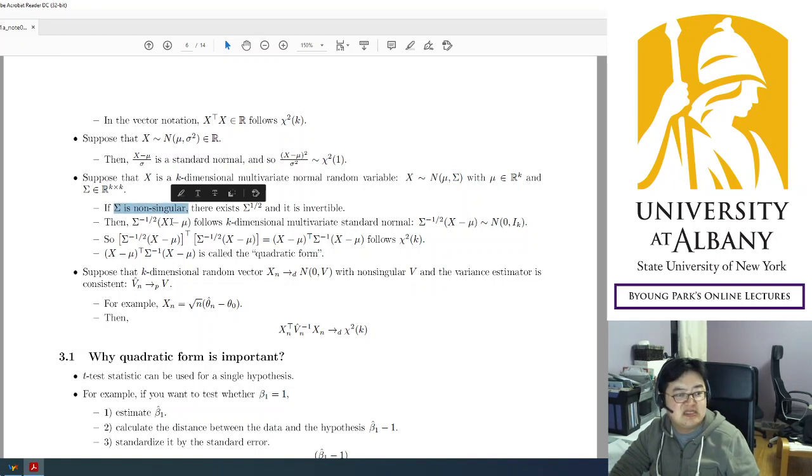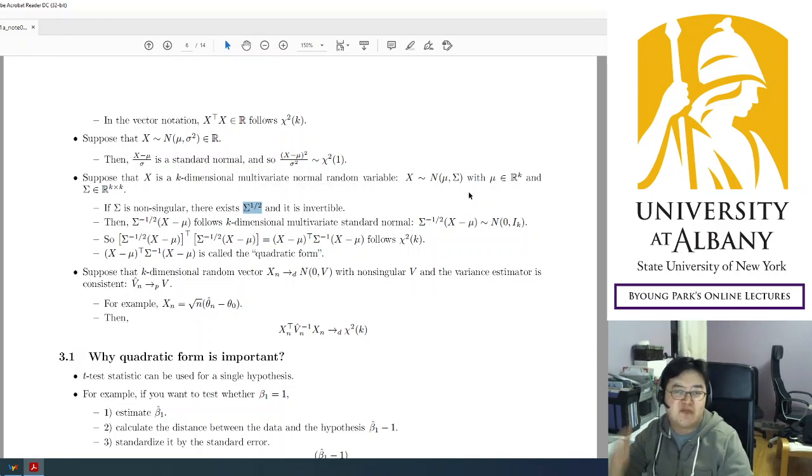So it is not far, it is not restrictive. We are simply assuming full rank condition among these k random variables, and then if it is non-singular, we may decompose it to sigma to the exponent of 1 over 2. Square root of sigma is now in matrix notation.